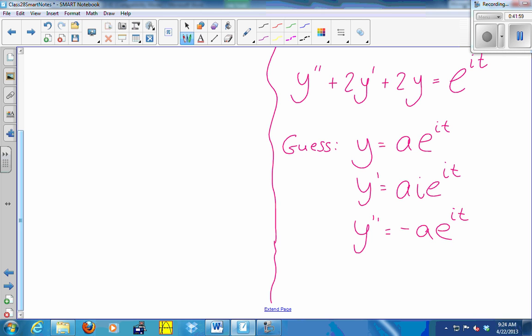So then I'm going to plug into this differential equation. Negative a e to the it, that's y double prime, plus 2y prime is 2ai e to the it, plus 2y, 2a e to the it, making this equal e to the it.